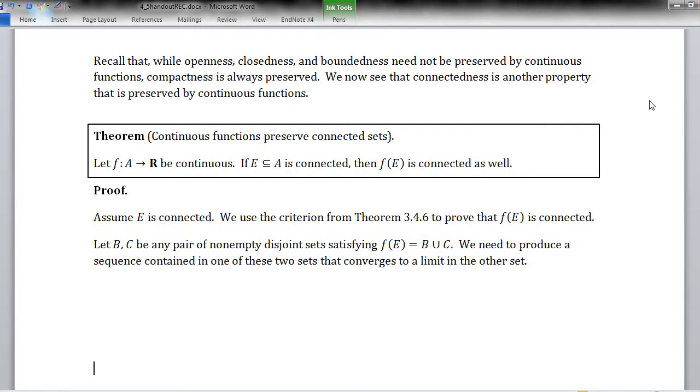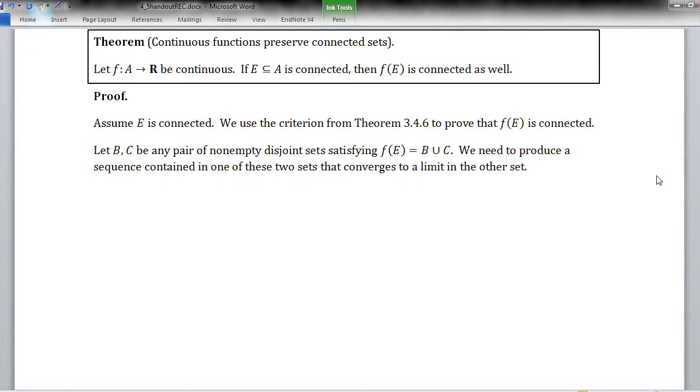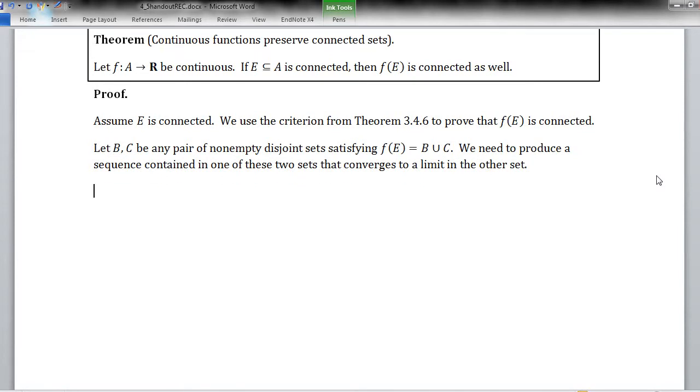Okay, so let's try and draw a picture of what we're dealing with here. You can draw two vertical number lines again for the domain and target. So here's my A, and here's my target R. Okay, and so here's a setup.